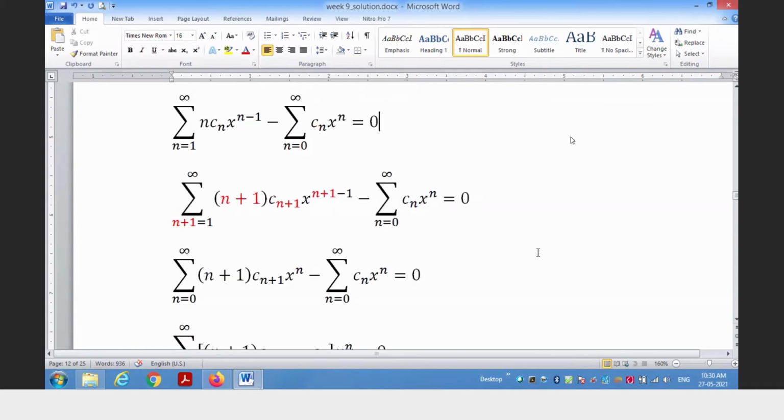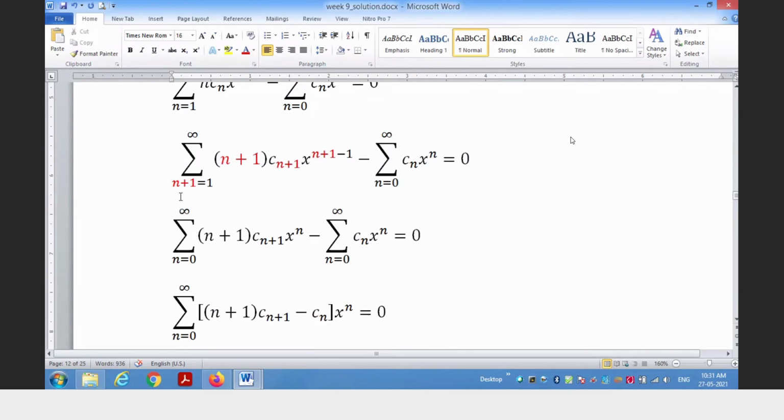If I change this into x^n, I replace n with n plus 1 and simplify: n plus 1 minus 1 becomes n.